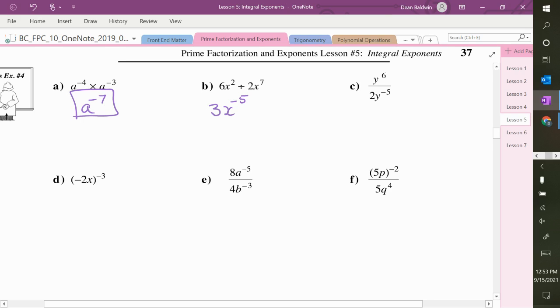Are we allowed to have negative exponents? So how do I make the negative 5 positive? You move it down, right? It's already up, because this is the same as that, okay? So you can just drop it down. So 3 over x to the 5.